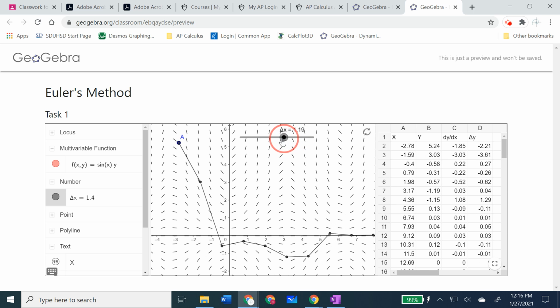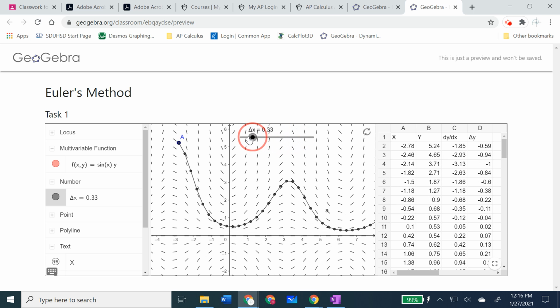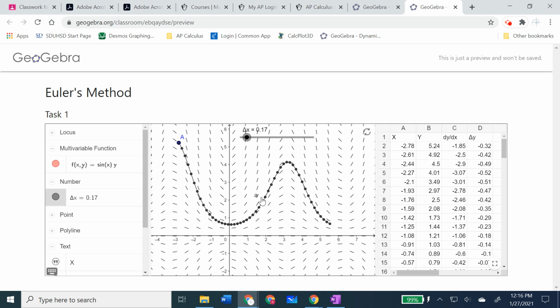But if I make the delta x's small enough, I can actually pretty well predict what the solution curve looks like. And so sometimes you have a differential equation that you're not able to solve, but you can throw it into a data table and let the computer take over.